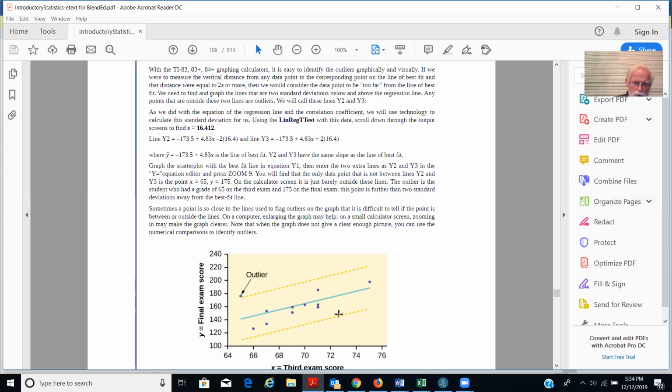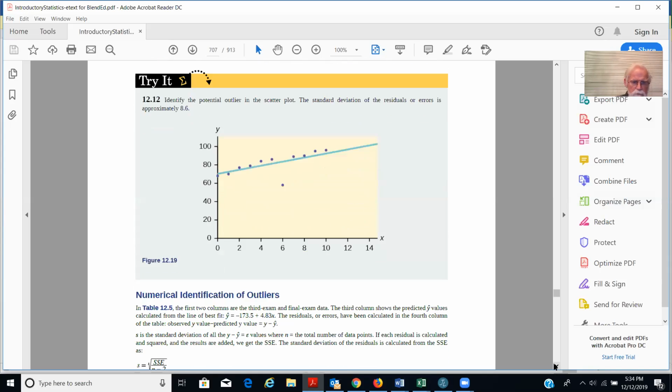We've calculated that slope and made these lines parallel. Outliers will fall either above or below these parallel 2 standard deviation lines. This one just barely does, but that doesn't mean that it's not. It is close to the line, but it's going to be considered a significant outlier, less than 5%.